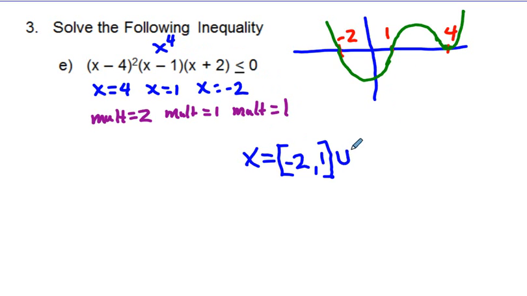So you have a union here of 4. And in classic interval notation, that's how we would represent that. And we can also do a sign chart like we did on the prior problems, which would be C and D. We could do the same type of analysis.